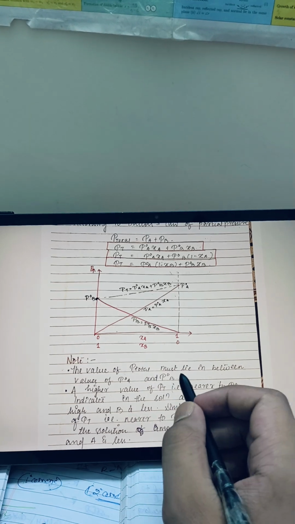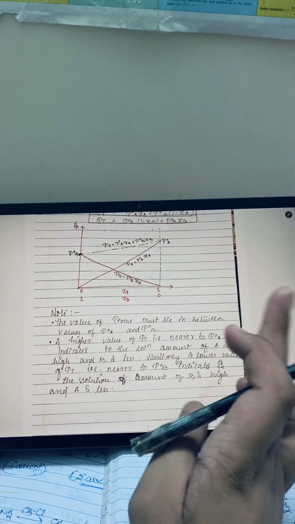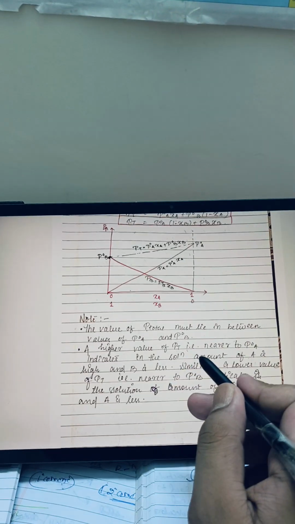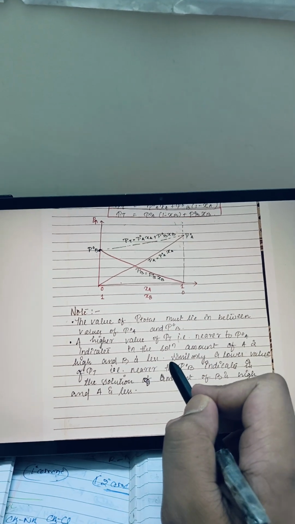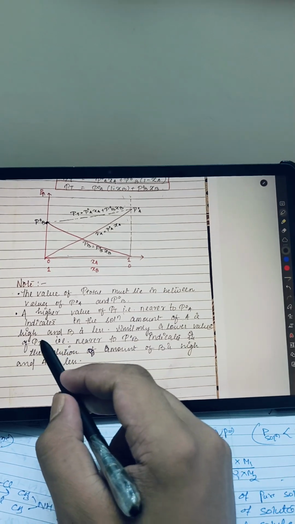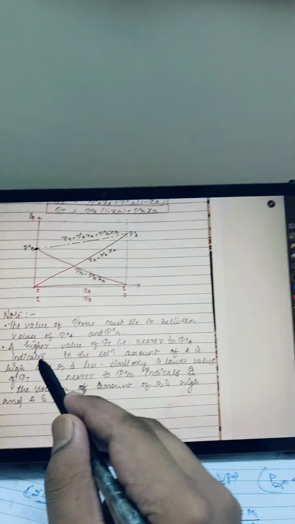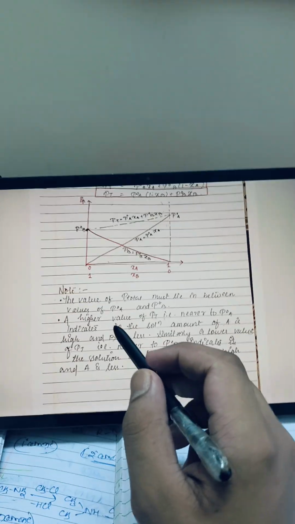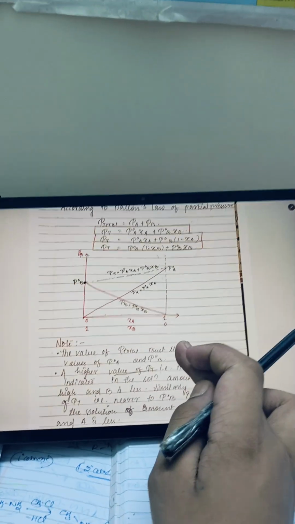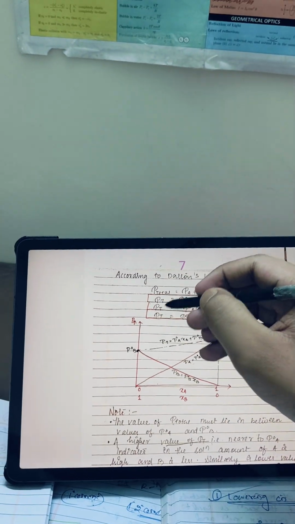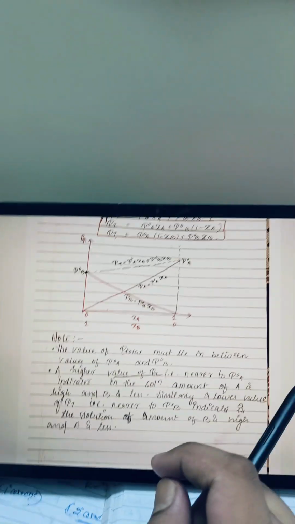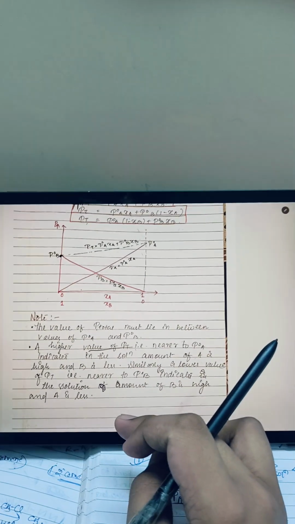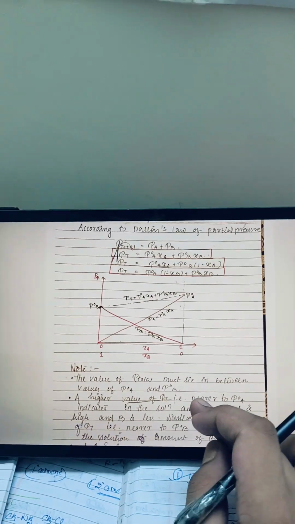Values of P total must lie in between values of PA naught and PB naught. The higher value of PT, nearer to PA naught, indicates that in the solution the amount of A is high and B is less.